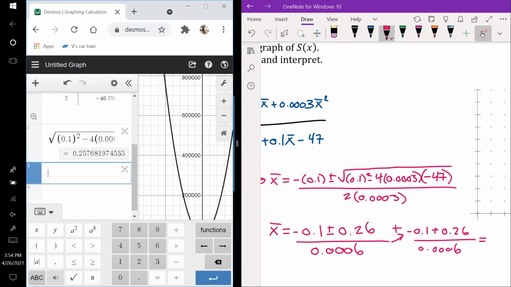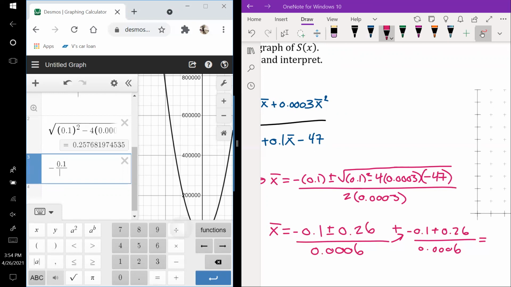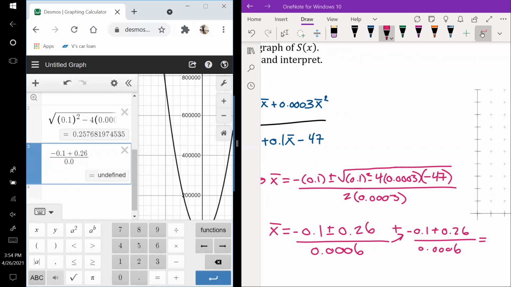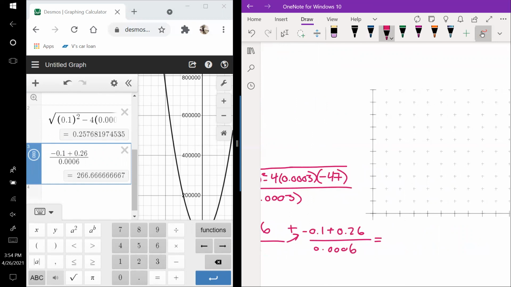So let's figure out what that one is. -0.1 plus 0.26 over 0.0006, and we get 266.67, which we'll just make into 267.